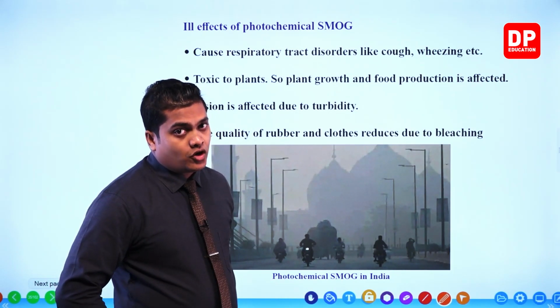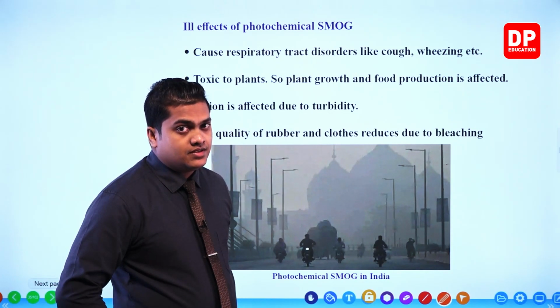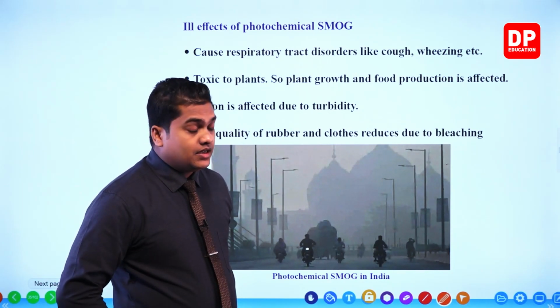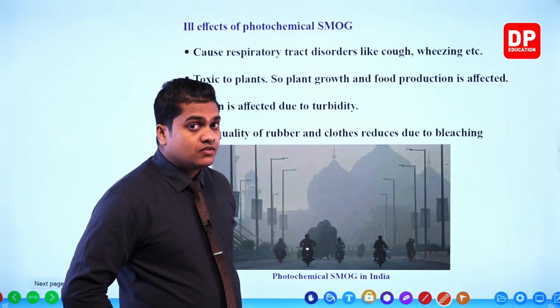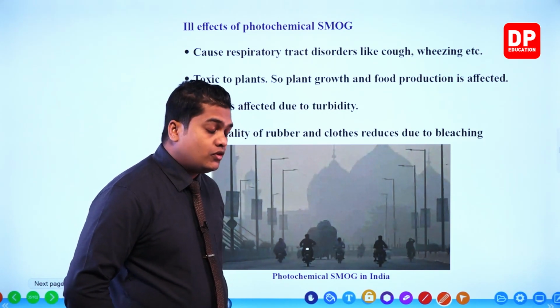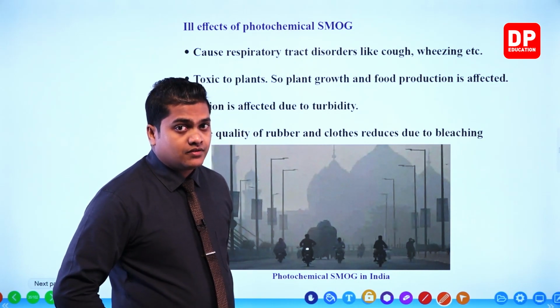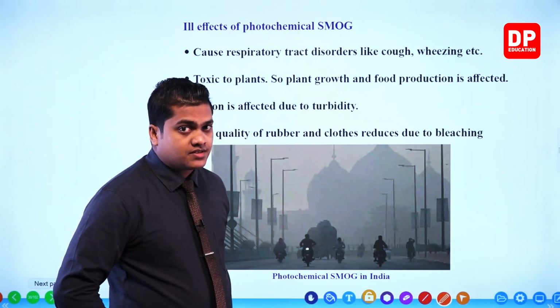People will not be able to drive their vehicles as their vision is blocked by the photochemical smog. Therefore, there is a risk of different kinds of traffic accidents because of the photochemical smog.